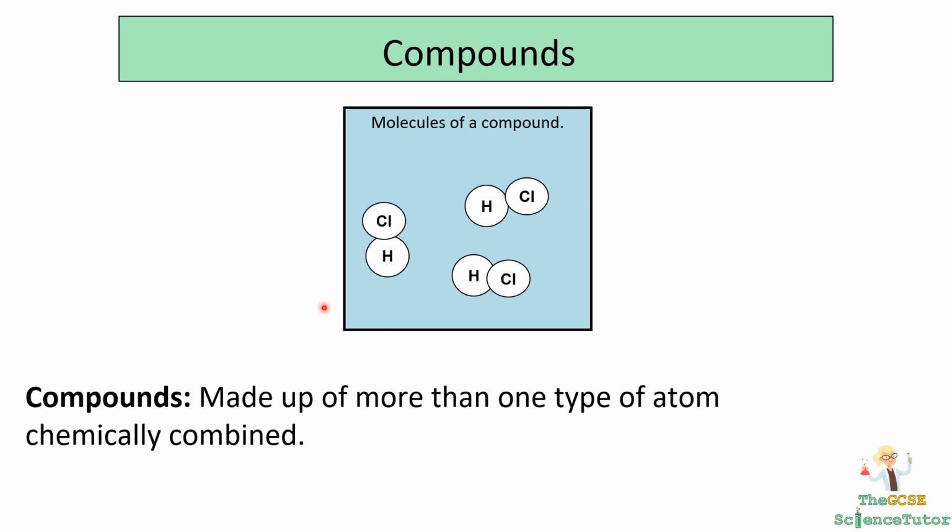So, for example, we have hydrogen chloride here, a hydrogen atom bonded to a chlorine atom. And this has produced a different substance altogether and is called a compound. And the definition of a compound is a substance made up of more than one type of atom chemically combined. Another definition you should write down.